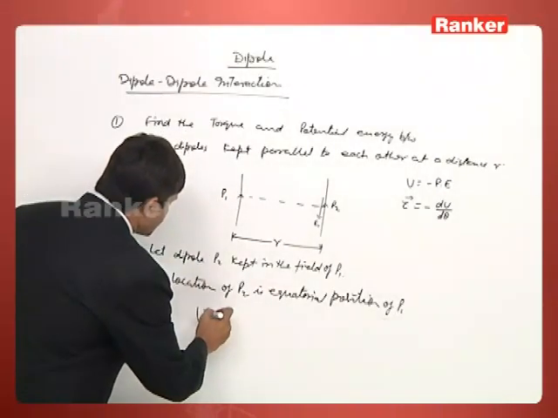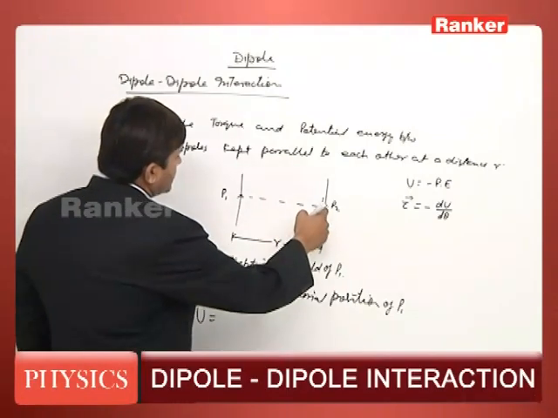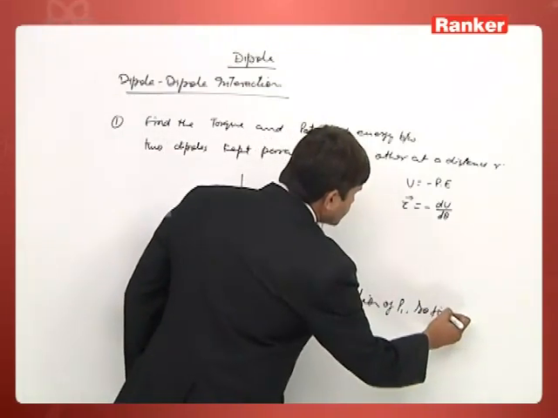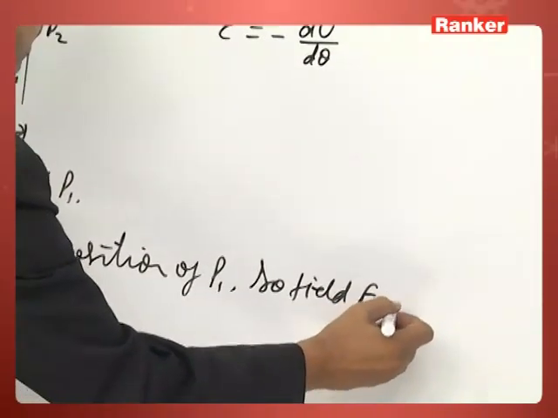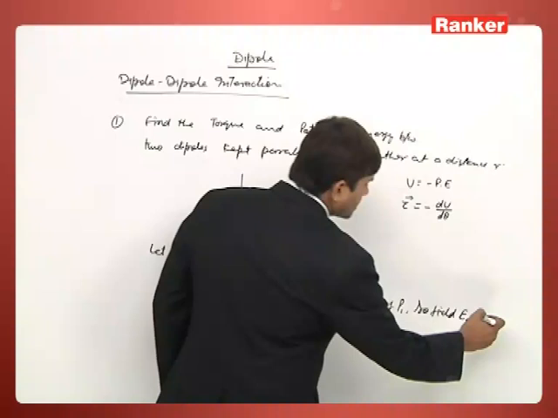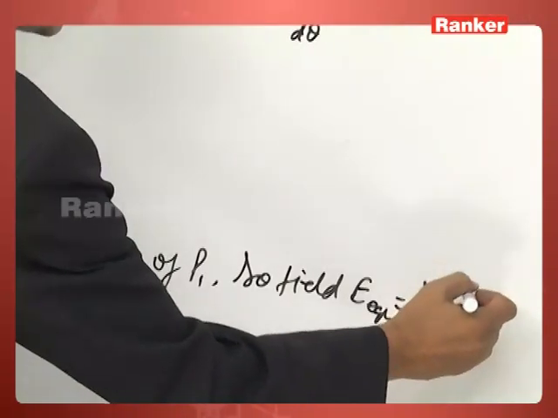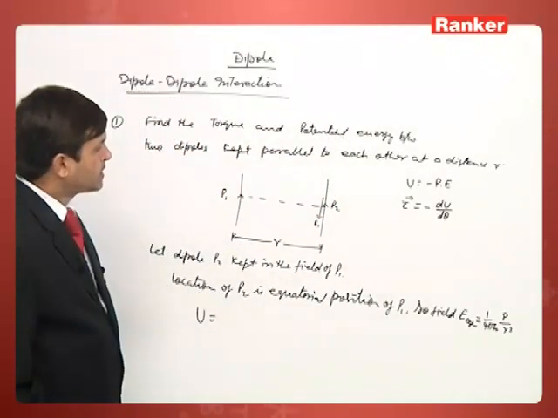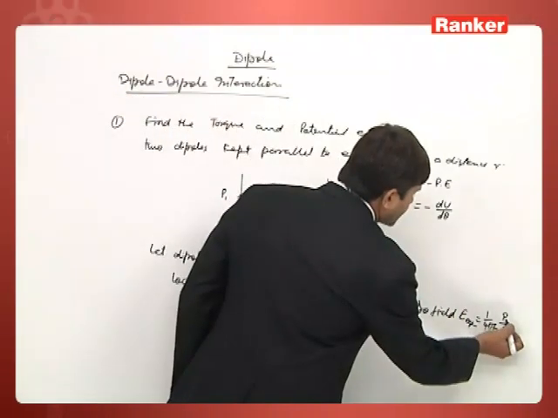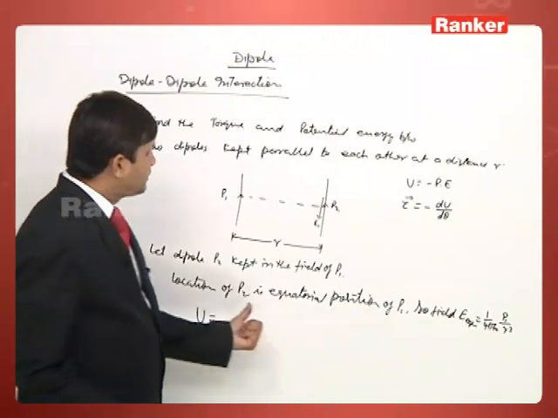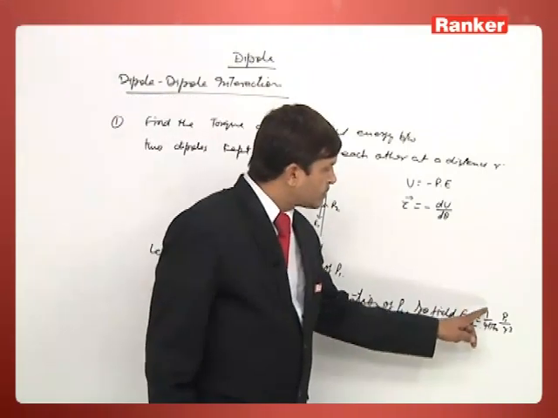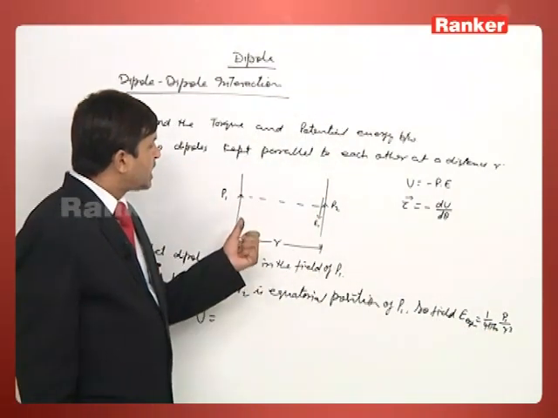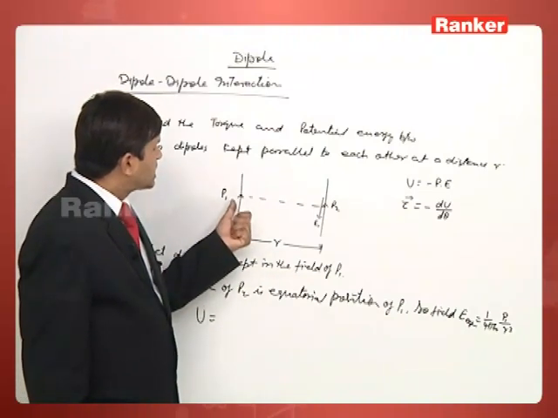So the field at the equatorial position is given as 1 by 4 pi epsilon naught P1 by r cube, and the direction of the field is opposite to the direction of the dipole moment.